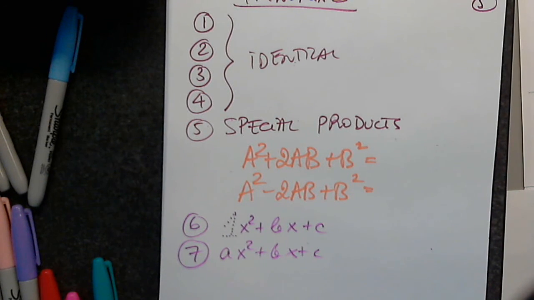So a squared plus 2ab plus b squared. Have we ever seen this before? Yes, we have seen this before. We've been using it in chapter 5. So can anyone tell us where it's coming from?